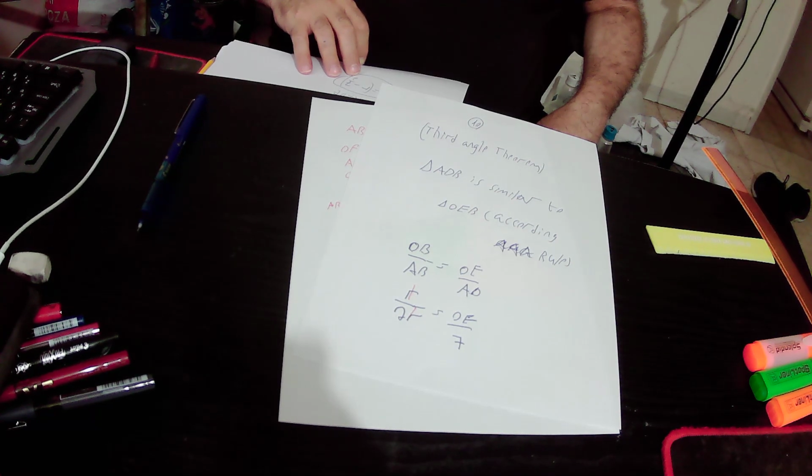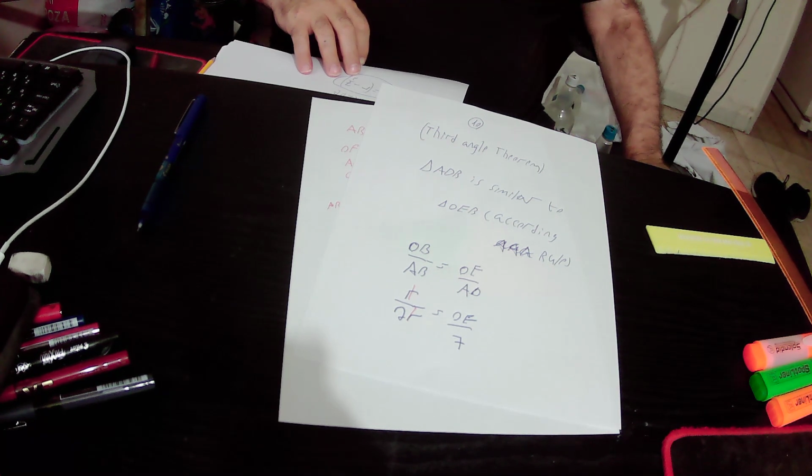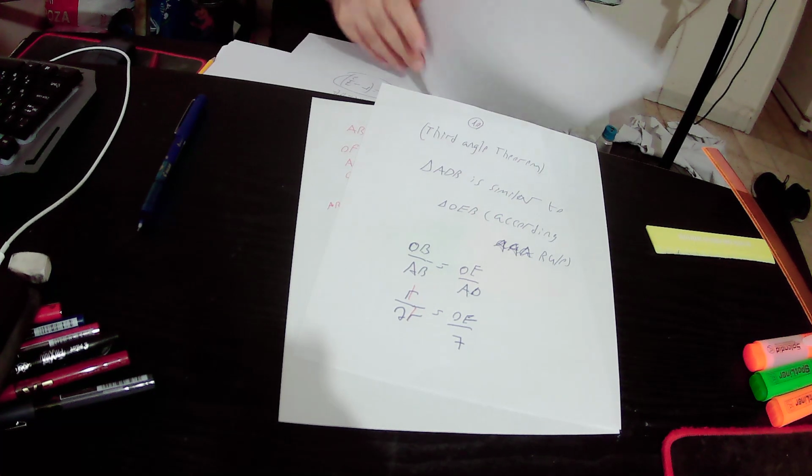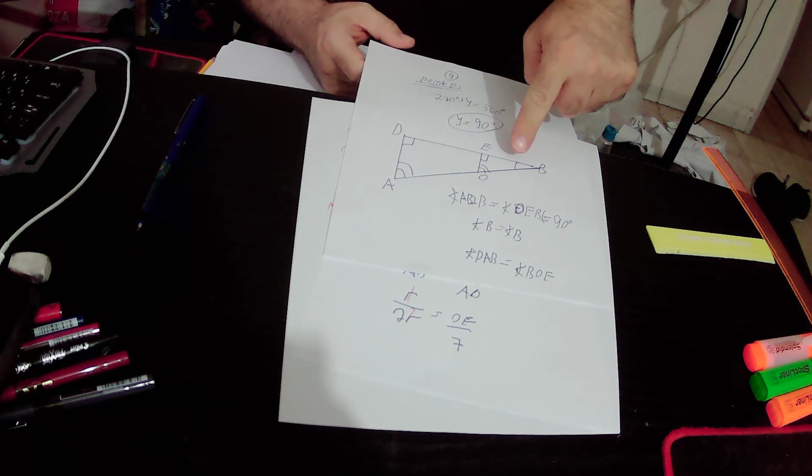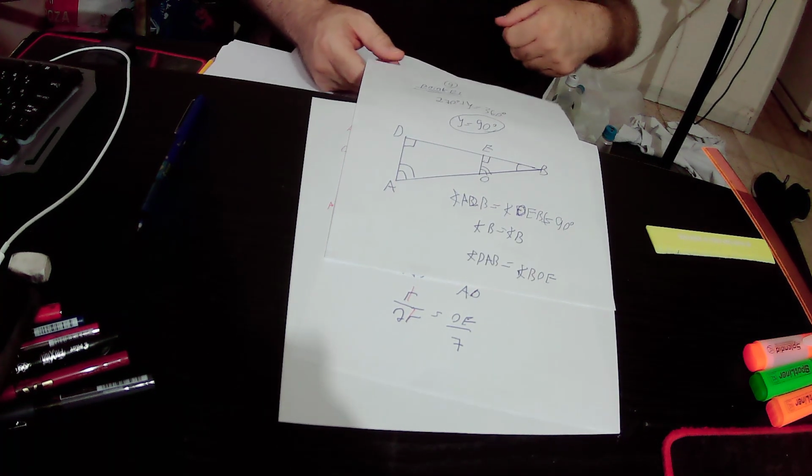So in this way we prove that all the angles in the big triangle, triangle ADB, are equal to all the angles in the small triangle, triangle OEB.